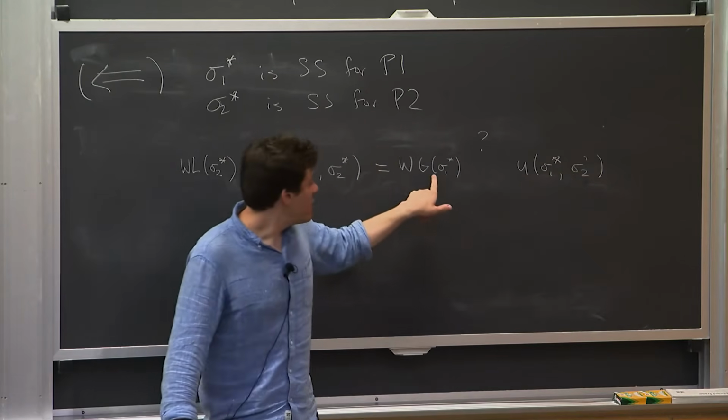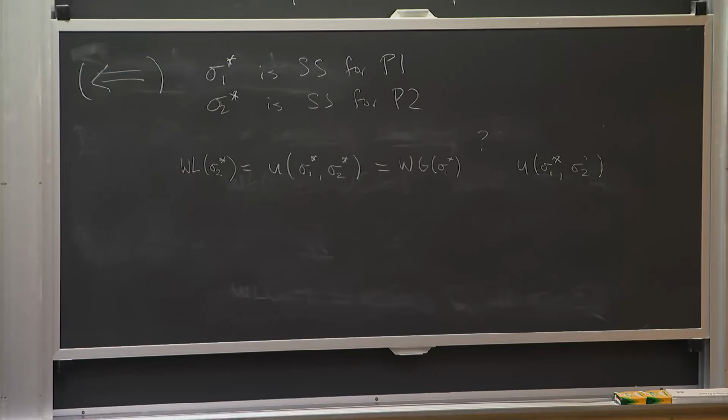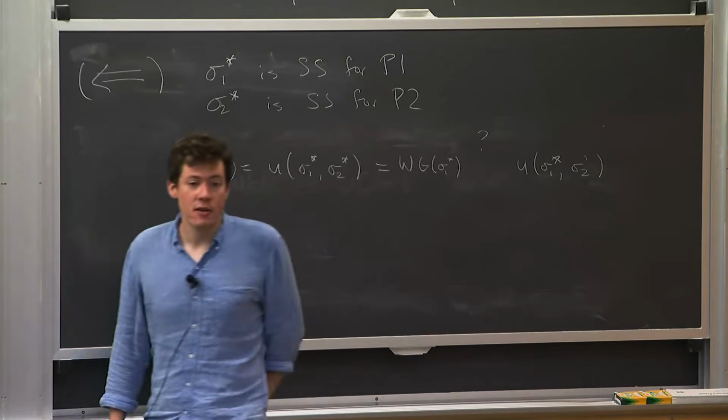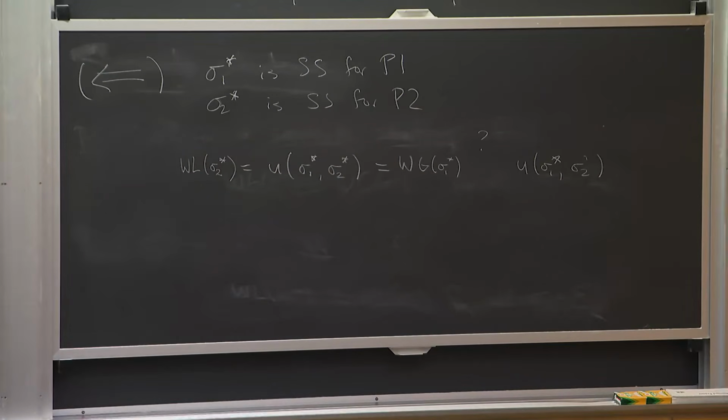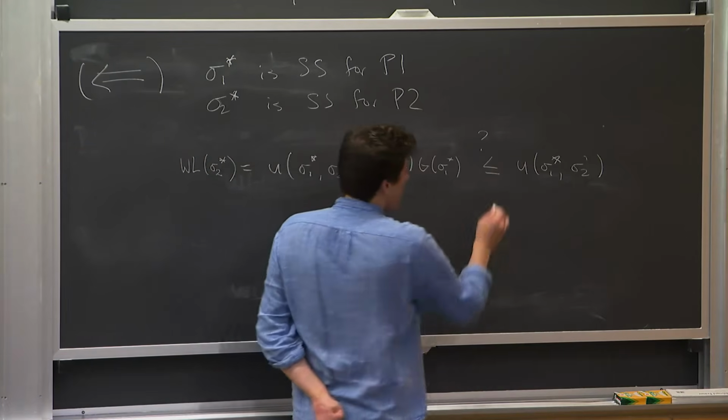How does this relate to the worst case gain for player 1? What can we say about the relationship between this and this? I think it's actually going to be this way, right?